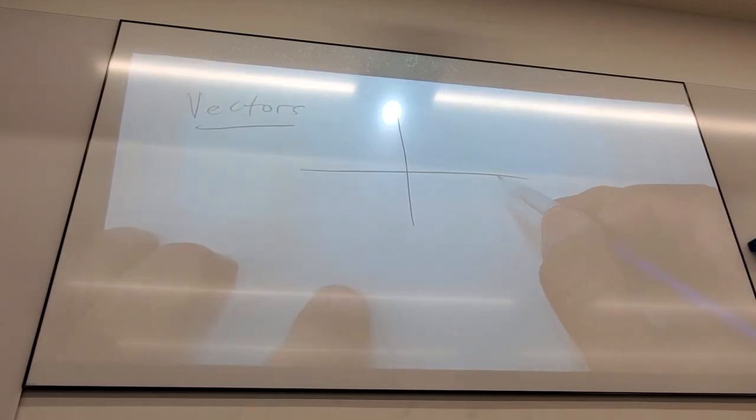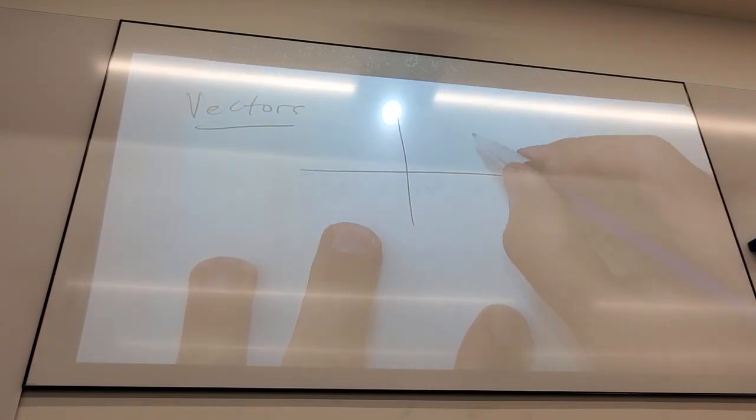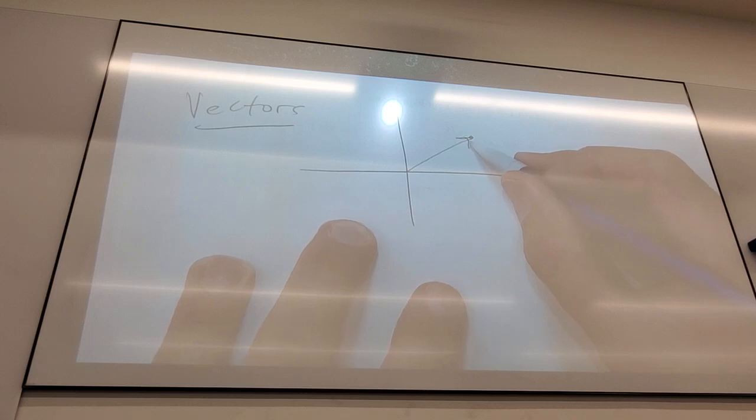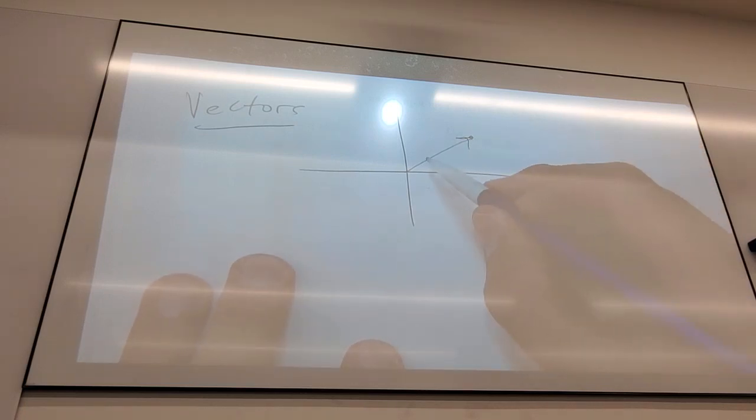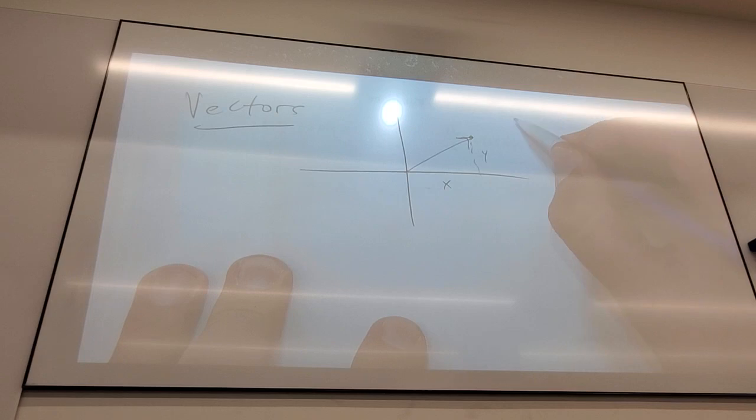So fundamentally, all that a vector does is it points at some position. So let's say this is x, this is y. What's the magnitude of the vector? All the magnitude means is the length of it.